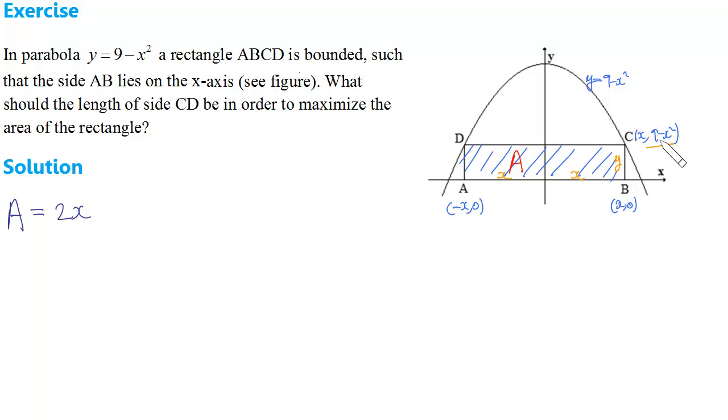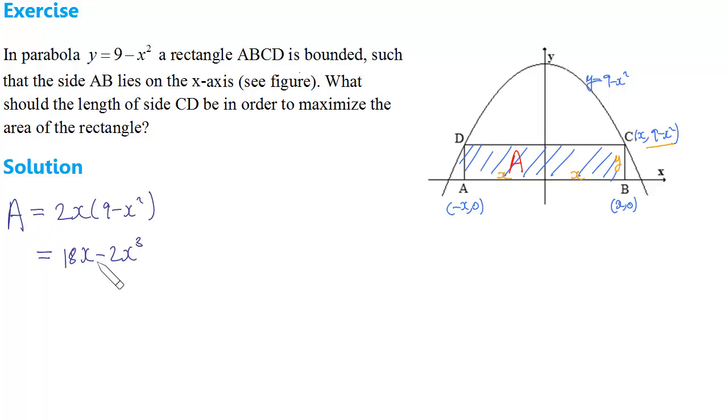The height is y, which is 9 minus x squared. And this, in fact, gives us the area in terms of x. If I expand, this gives me 18x minus 2x cubed. And that's basically it for the geometry part.